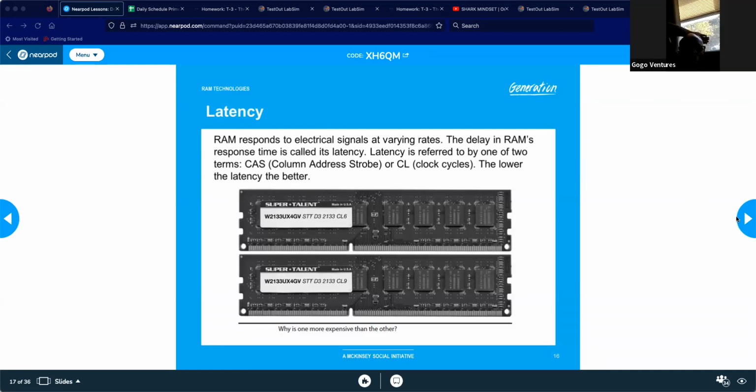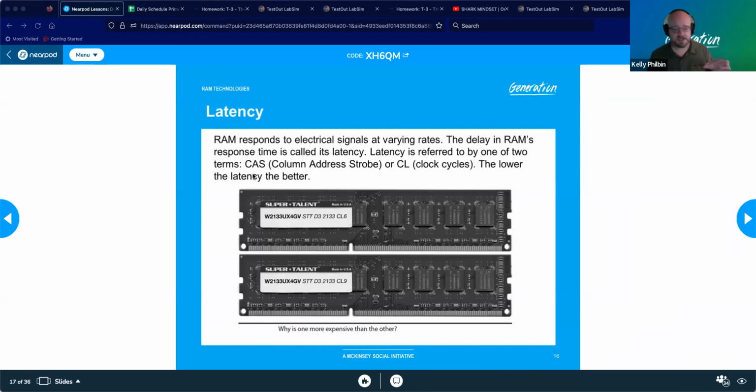So the CL directly refers to the clock cycles. If you see a CAS or a CL right here, that's going to tell you which one is the lower latency. And does the CAS also register as a lower number?